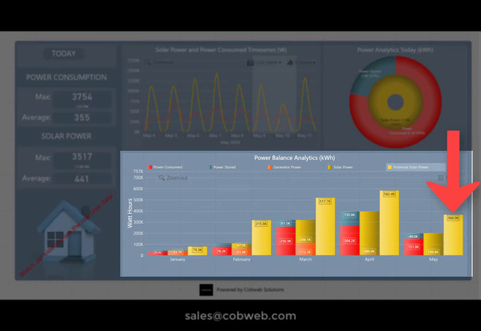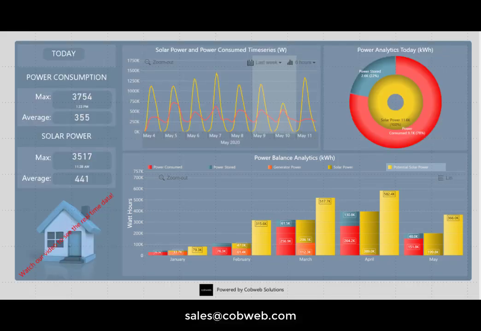So we'd never really quite reach the maximum solar power available because of cloud cover, etc. And really, that is the kind of analysis that we've done in this dashboard to give some historic analysis of the power situation on this off-grid home.